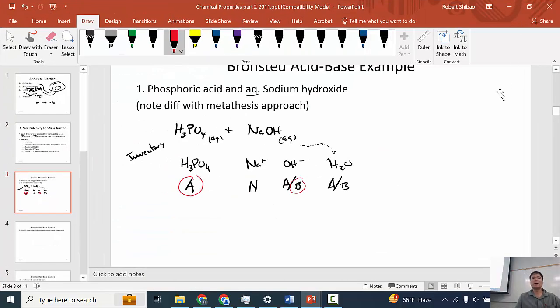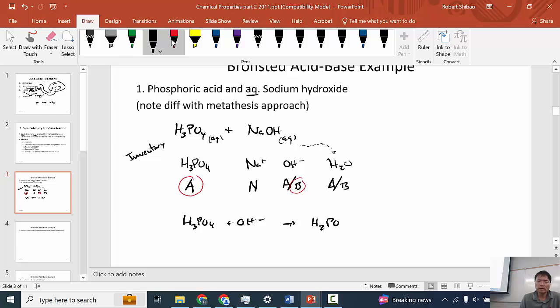So the reaction that we predict is going to be between phosphoric acid and hydroxide. And so we'll just go phosphoric acid plus hydroxide yields what? Yeah, water and dihydrogen phosphate.